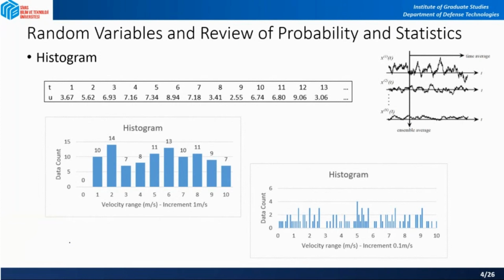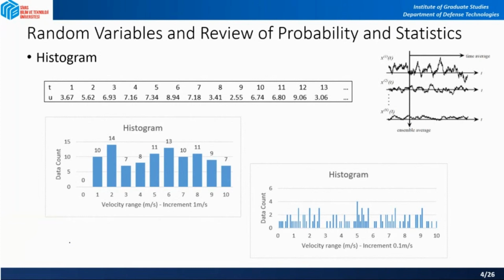One thing we didn't talk about is how to generate the PDF, or probability density function, for a given signal. I just told you that the PDF is the derivative of the CDF.